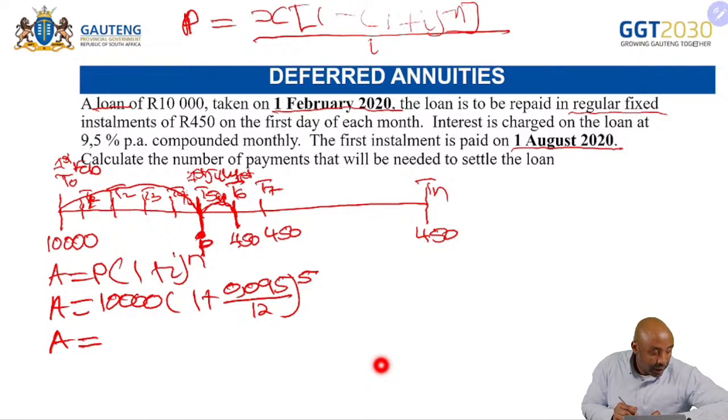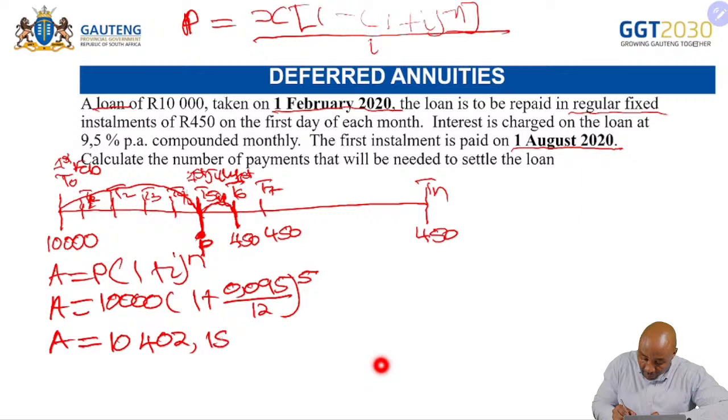So in this case, we are going to get our final answer for the loan amount on the 1st of July, as given by our calculation: 10,402.15.